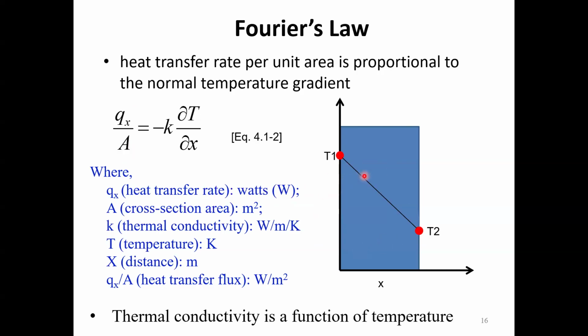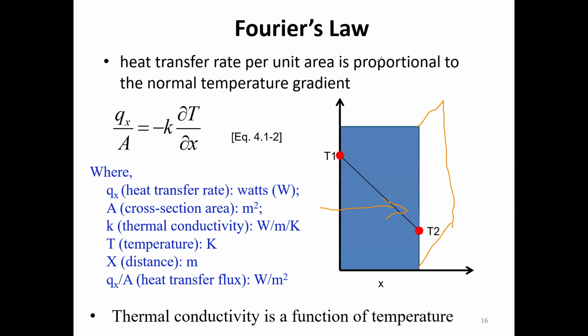This schematic you see here is in 2D, and as you would have realized, heat transfer happens from point 1 to 2. Let me see if I can draw here. Basically heat transfer happens in this direction, and the area that you should be using is the area that is normal to the direction of heat transfer.